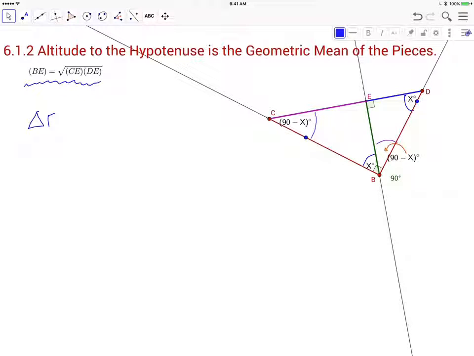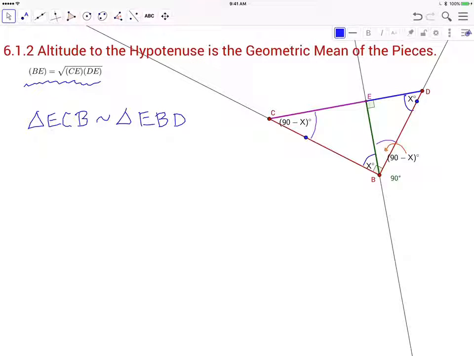So E, C, B is similar to triangle on the other one, E as well, right? E. Then we went to the 90 minus X side, so there's our angle. So that's up at B and to D, right? So we've done that in the other section as well, where the medium is similar to the small triangle.